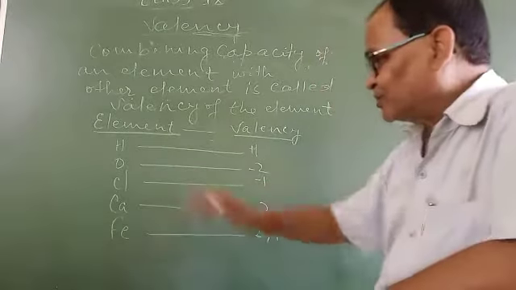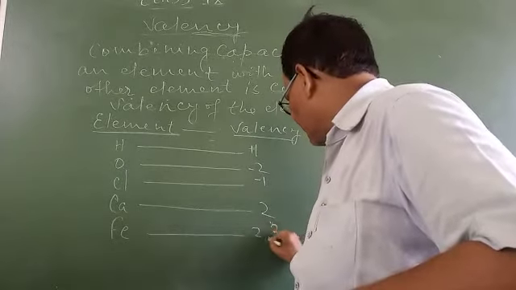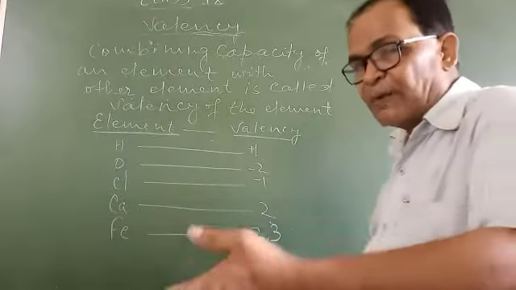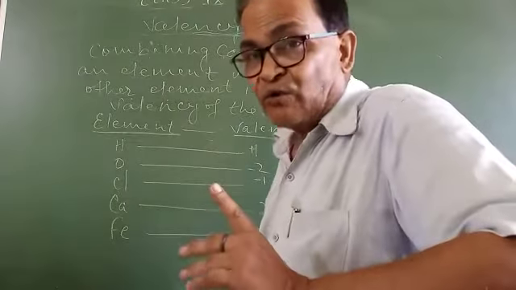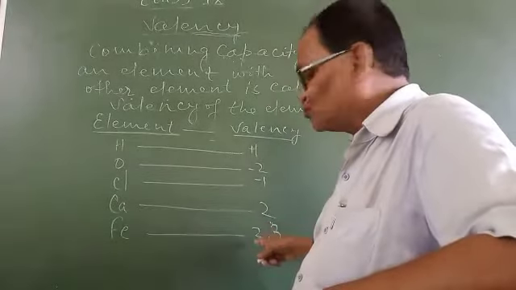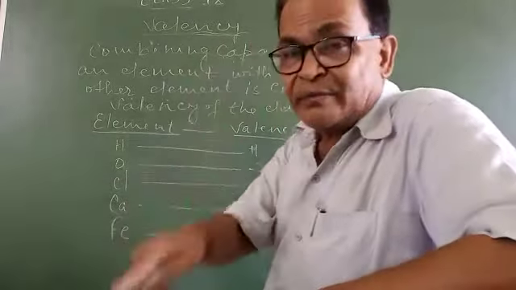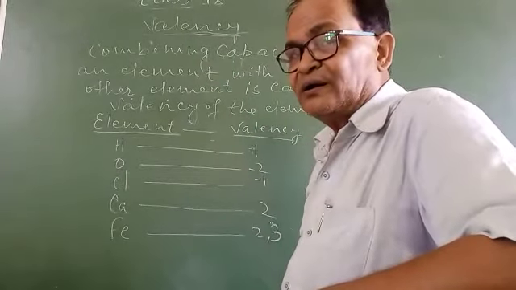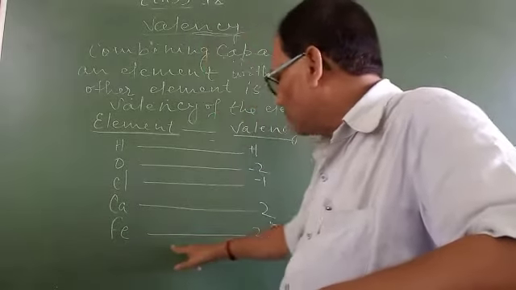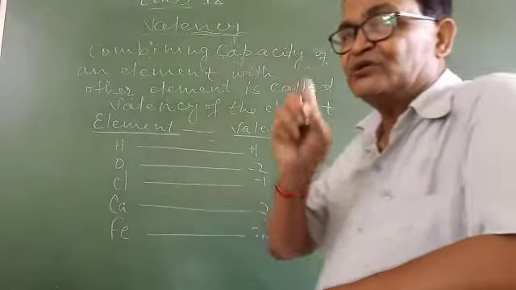It means the ability of an iron atom is to combine with one atom of an element whose valency is 2, and with 3 atoms of an element whose valency is 1.